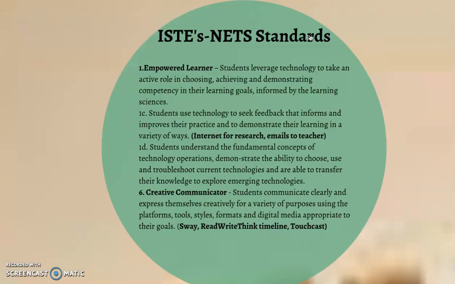Students were also creative communicators, in which they were able to freely express themselves creatively through various platforms. They were given several options to do that. That included technology and also more kinesthetic options, like building models and creating animals.